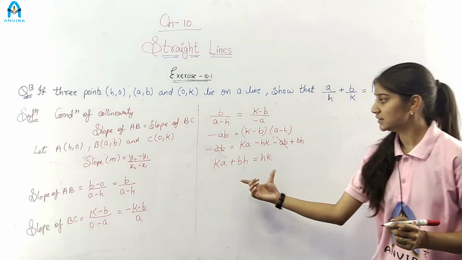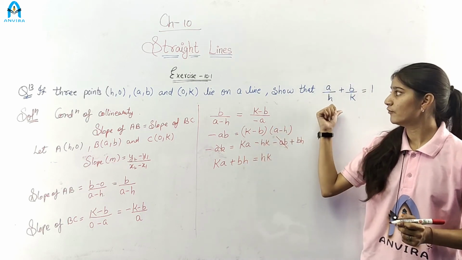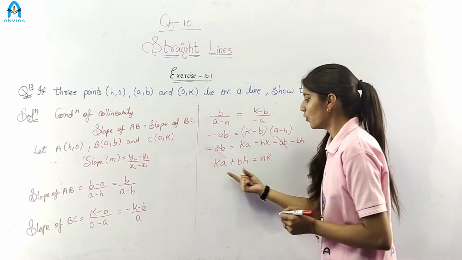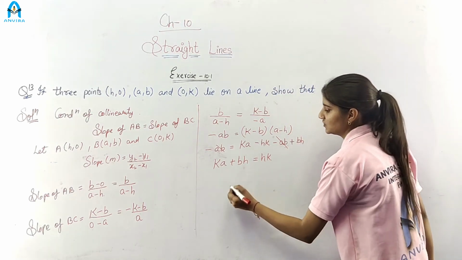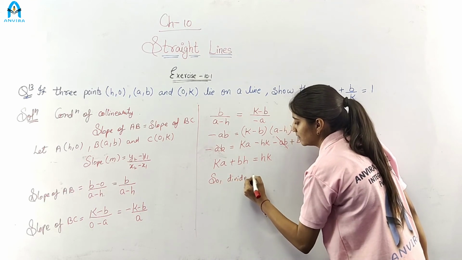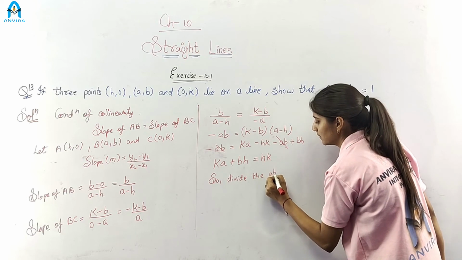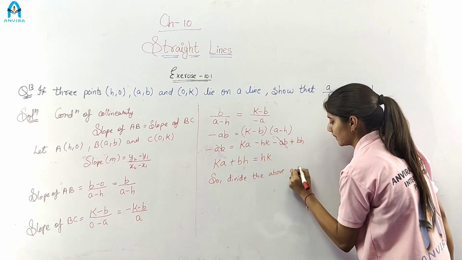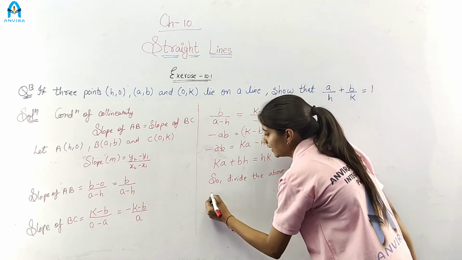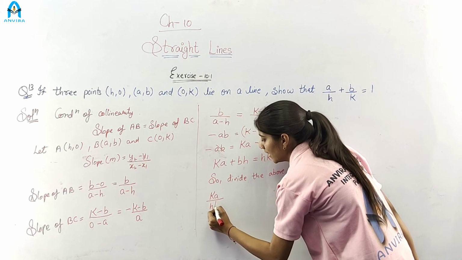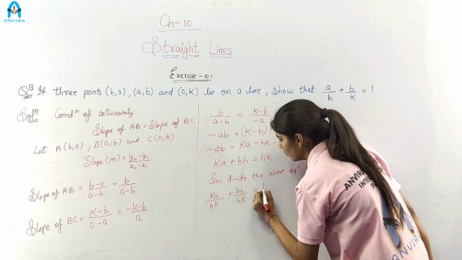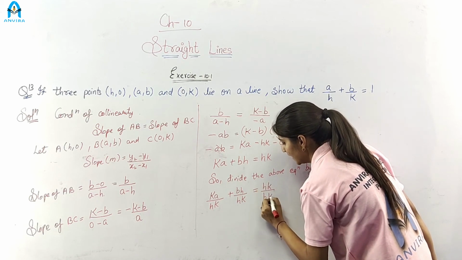For arranging this equation in that form, since we have to show this one, I will divide the whole equation by hk. So what we will get? k by a upon hk plus b by h upon hk is equal to hk upon hk.